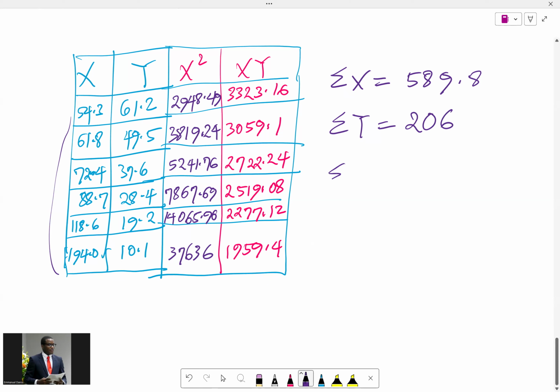Then we come to summation of x squared, which is also necessary. Now the numbers are bigger, so you need bigger carefulness, so to speak.